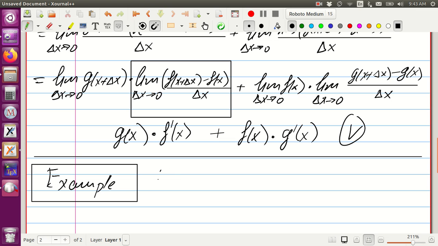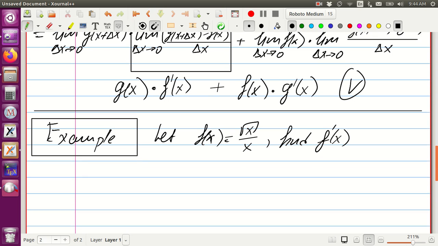All right, so let f of x be equal to square root of x over x. The assignment wants us to find f prime of x. So let's try to do that.